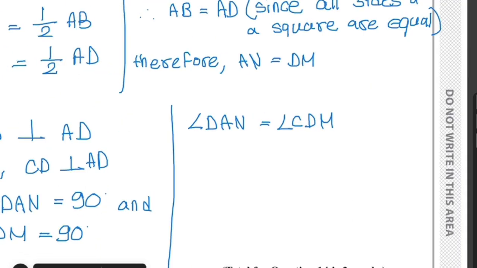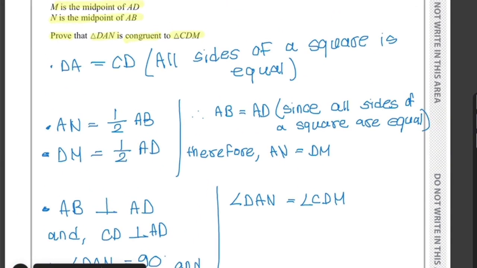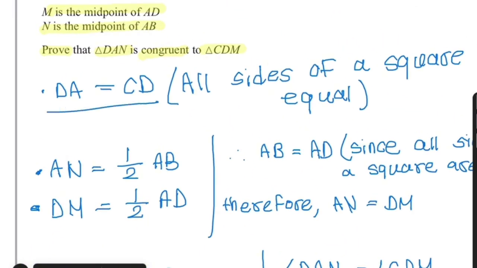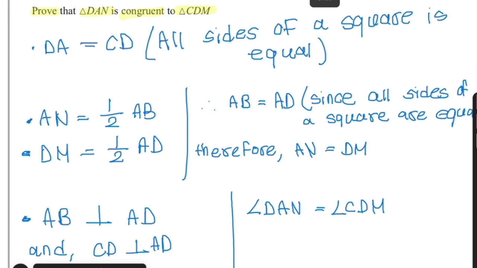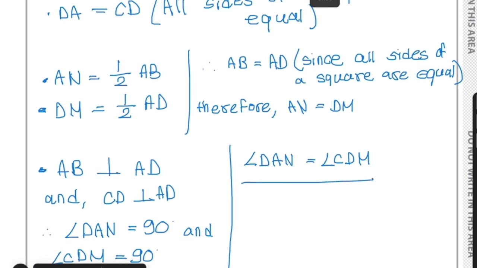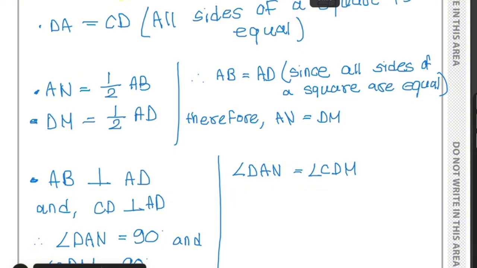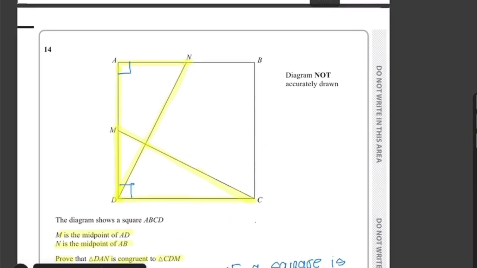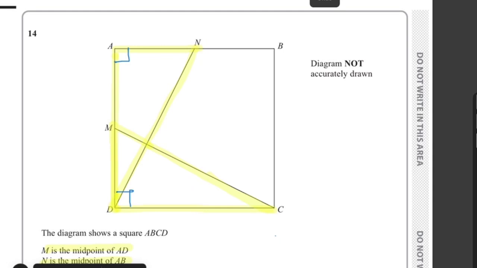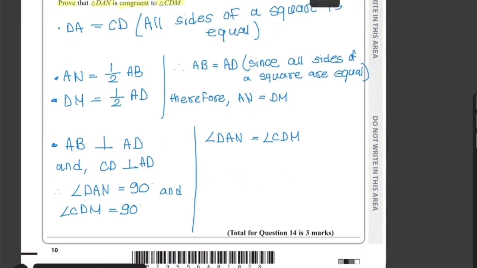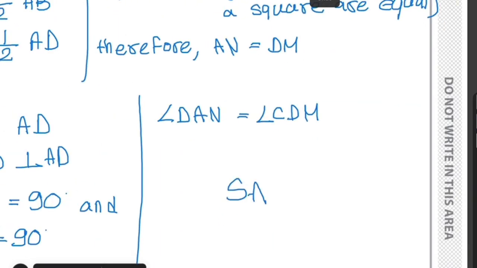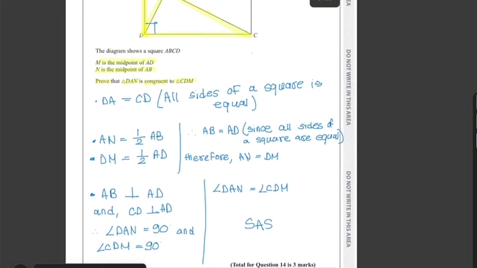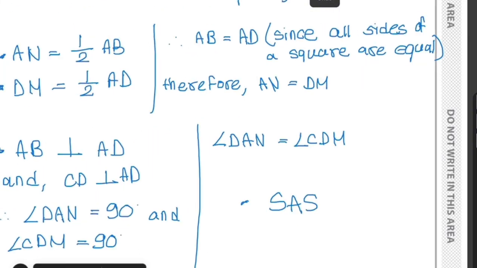Now we have to do the last congruency test. We're going to state it. So we have shown that DA equals CD, AN equals DM, then angle A equals angle D. The angle is between the two equal sides, as we can see over here. So this will be side angle side. Side angle side. This question is pretty easy. I think this is the final statement.